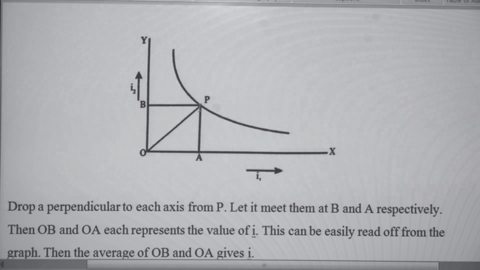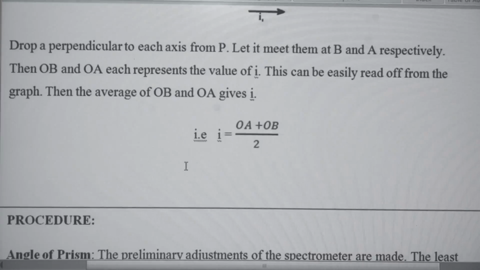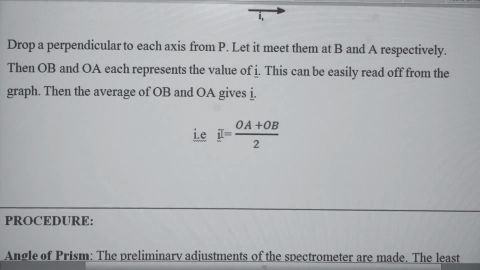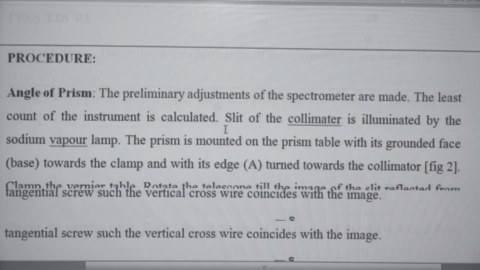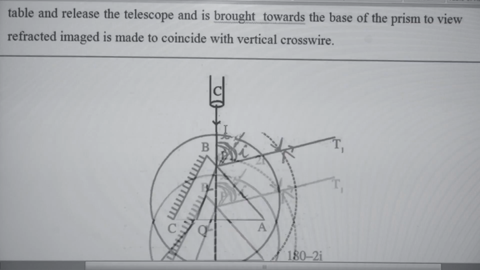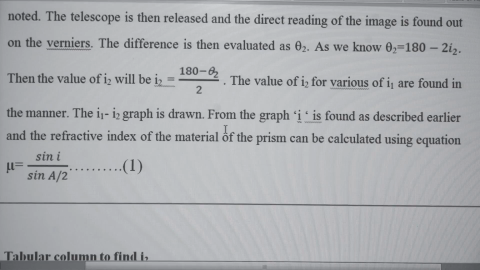From that, the point P is located, OA and OB are determined, and using OA and OB, I is determined. Using that value of I and the angle of the prism, we can determine the refractive index mu of the material of the prism.